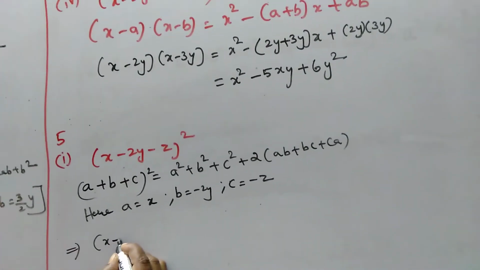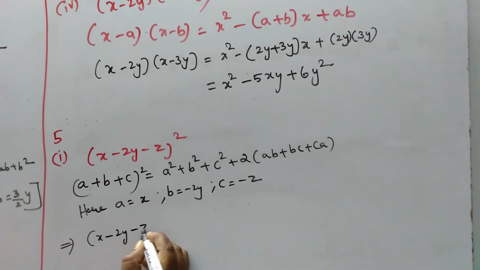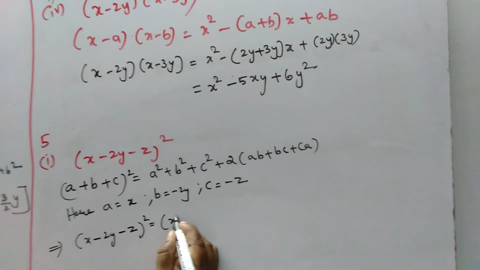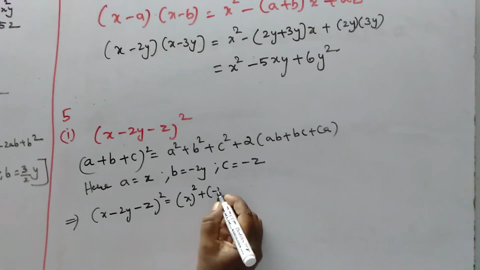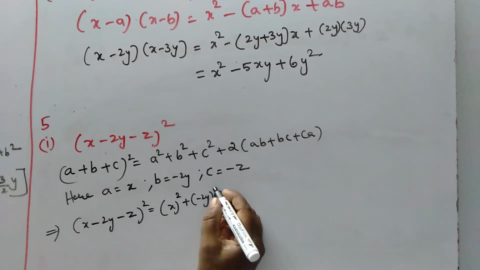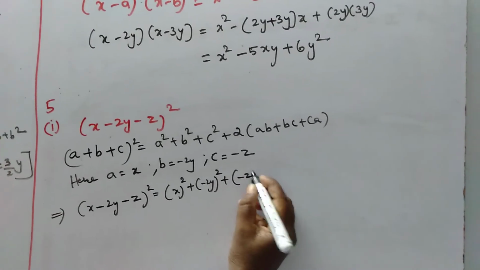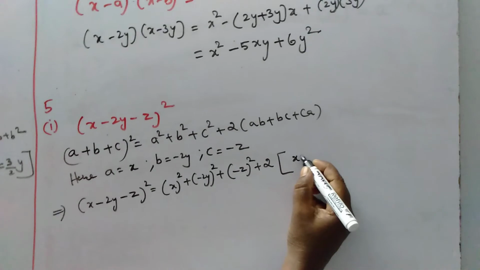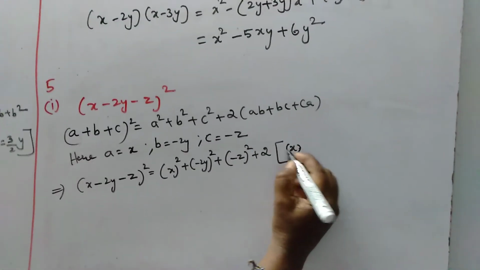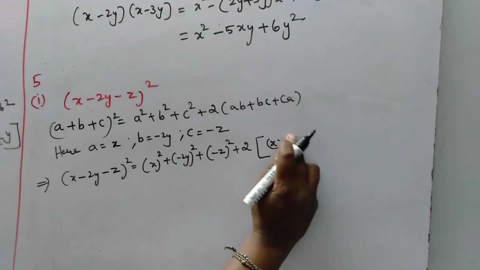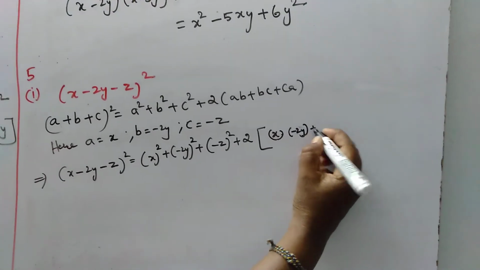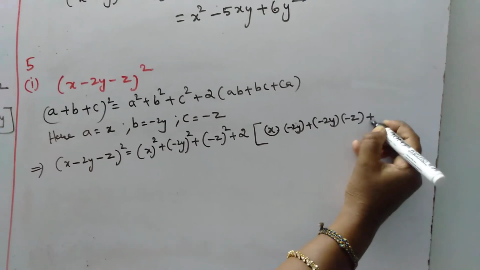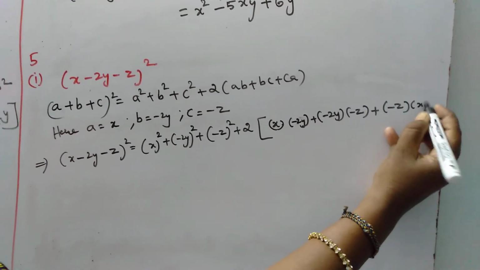So which implies x minus 2y minus z the whole square equal to, that is x square plus of minus 2y square plus of minus z square plus 2 bracket ab is x into minus 2y plus bracket minus 2y into minus z plus minus z into x.